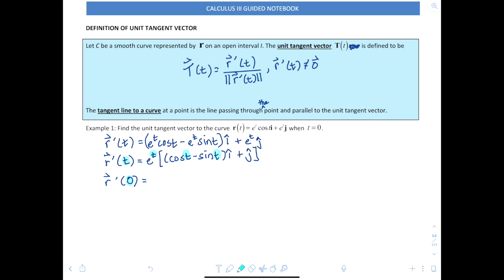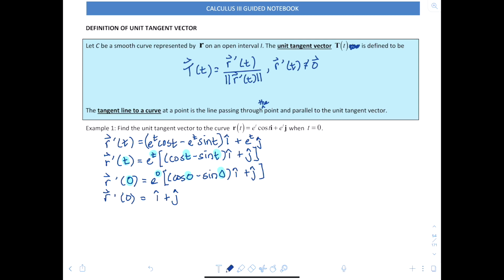So here we go. We'll get e to the 0 times cosine 0 minus sine 0 times i, and then plus j. And so r prime at 0 will be, e to the 0 is just 1, cosine at 0 is 1, sine at 0 is 0. So I believe we will just get i plus j at the end of the day.